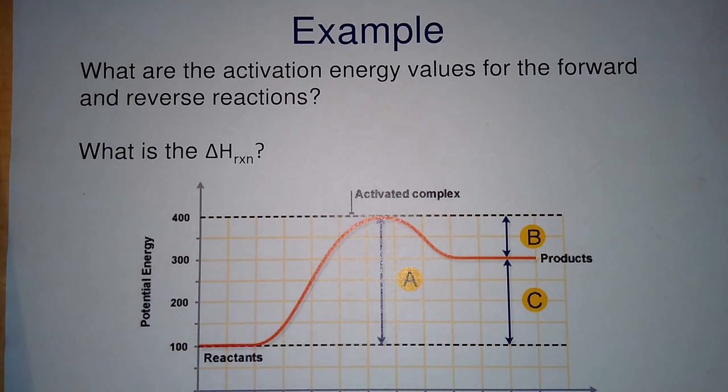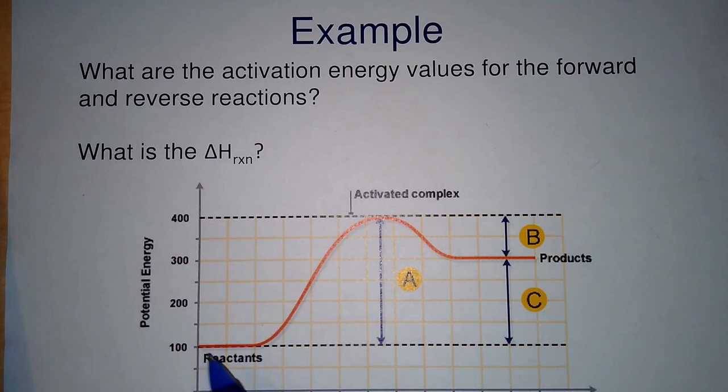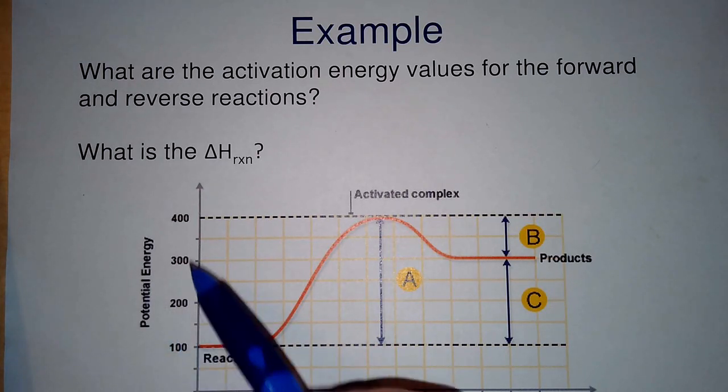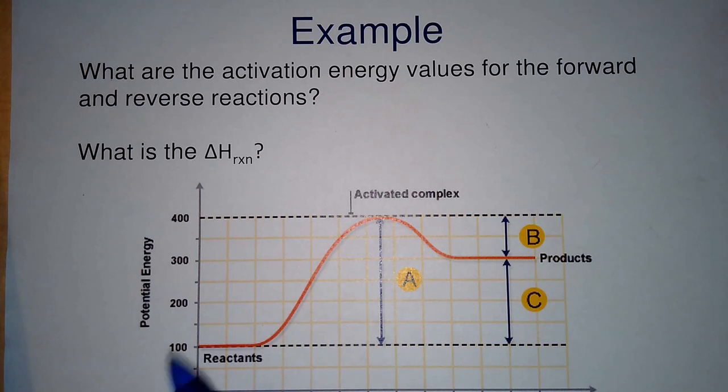Okay. So in this video, we're going to look at doing some of the math associated with collision theory. If we look at our reaction graph, we've seen the reaction graphs before, where we start with reactants on the left side, we have potential energy along the y-axis, and our reaction progression along the x-axis.